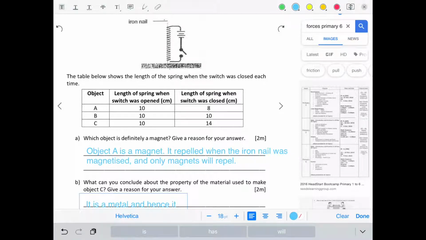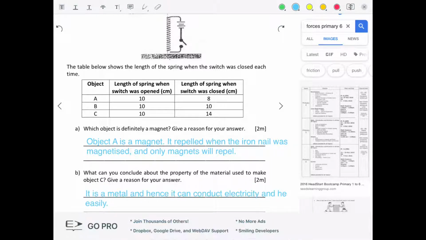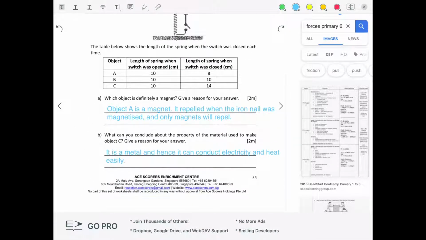What's so special about metals? They can conduct electricity, and conduct heat. It also has a high melting point and high boiling point.